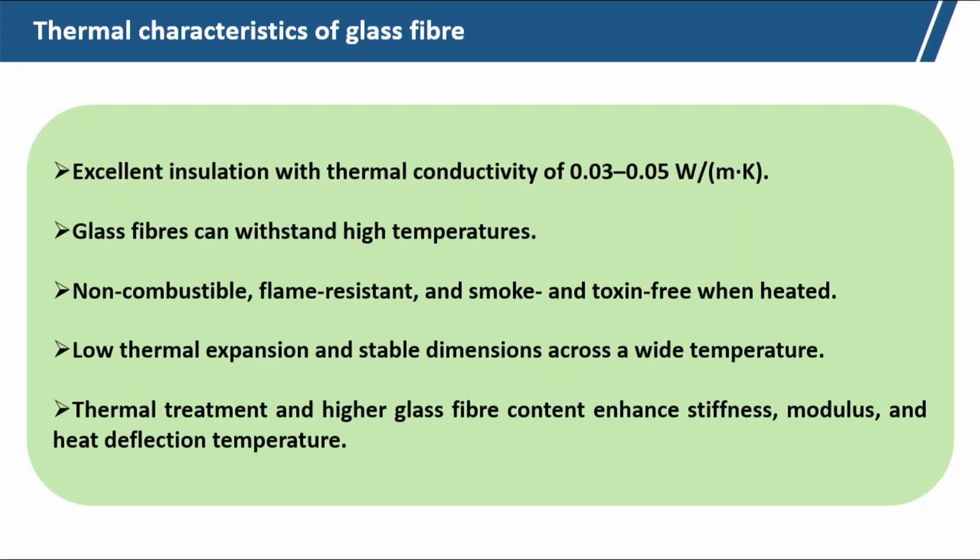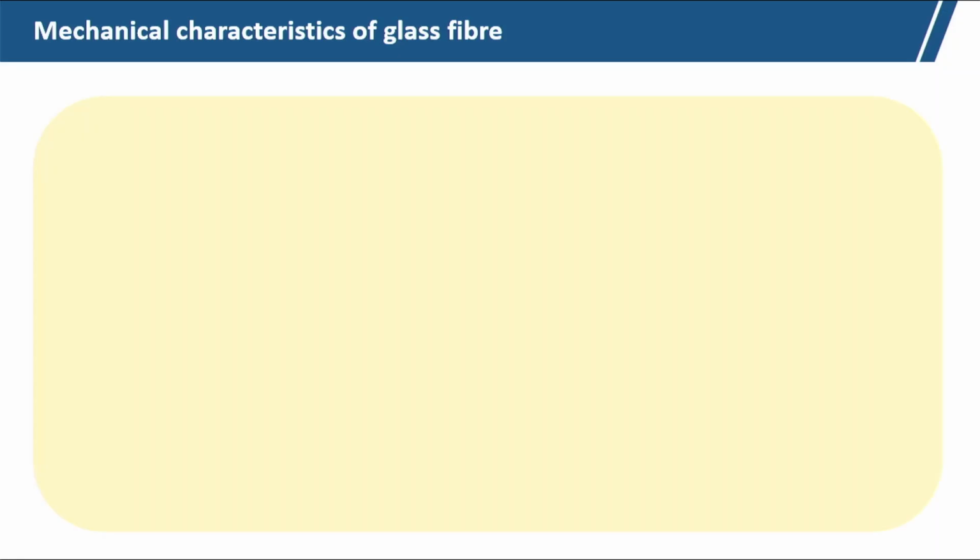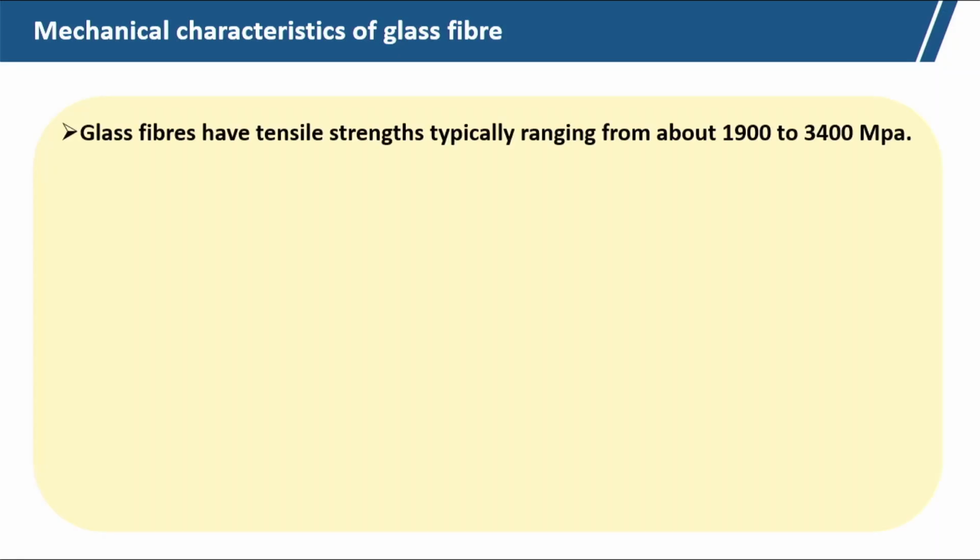The thermal treatment and high glass fiber content enhance the stiffness, modulus and heat deflection temperature. As far as mechanical characteristics is concerned, glass fibers have high tensile strength, typically ranging from 1900 to 3400 megapascal.